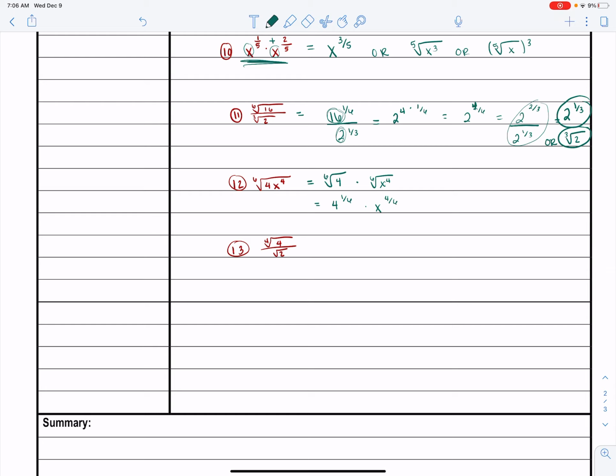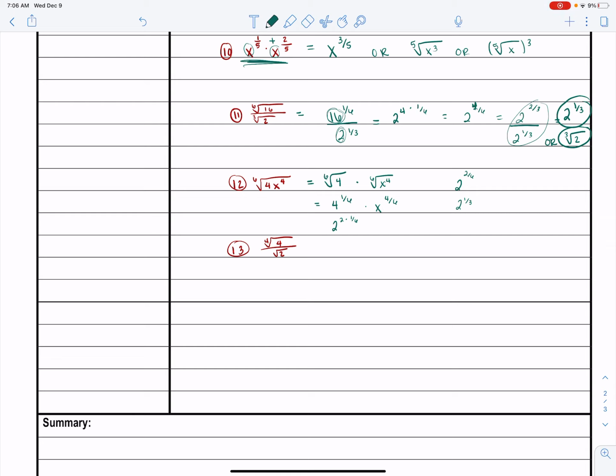All right. Now, I can simplify the 4 if I make it a 2. So really we're just simplifying. 4 is 2 squared, to the 1/6 power, so times. So really I have 2 to the 2/6 power, which is the same as 2 to the 1/3.